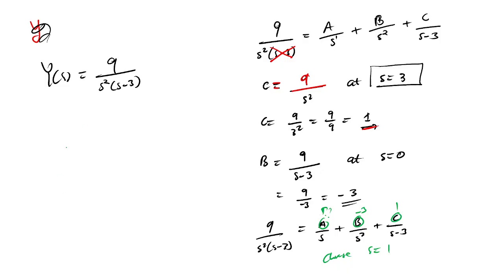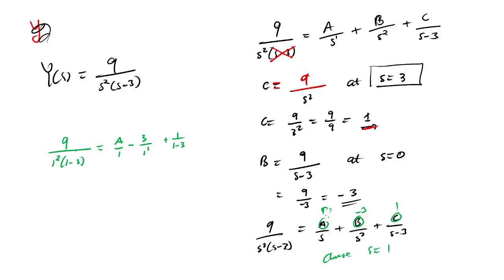If we choose s to be 1, we end up with 9 all over 1 squared times 1 minus 3, which is equal to A all over 1, and then minus 3 all over 1 squared plus 1 all over 1 minus 3.